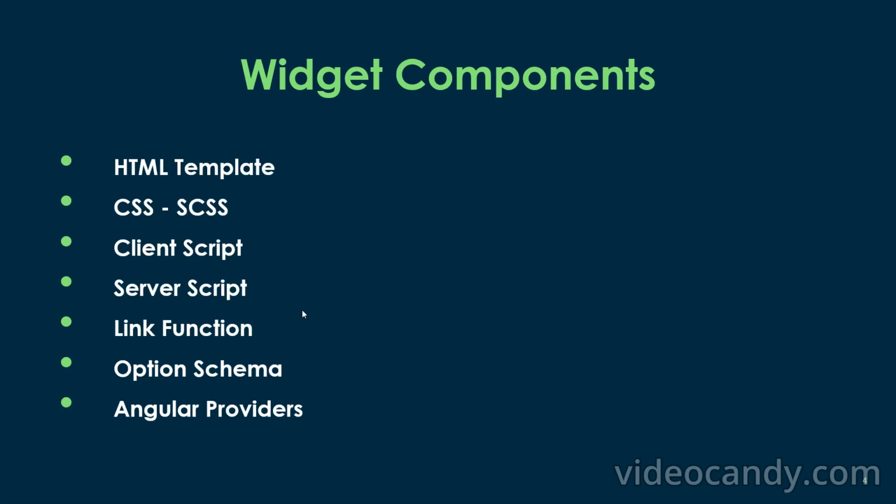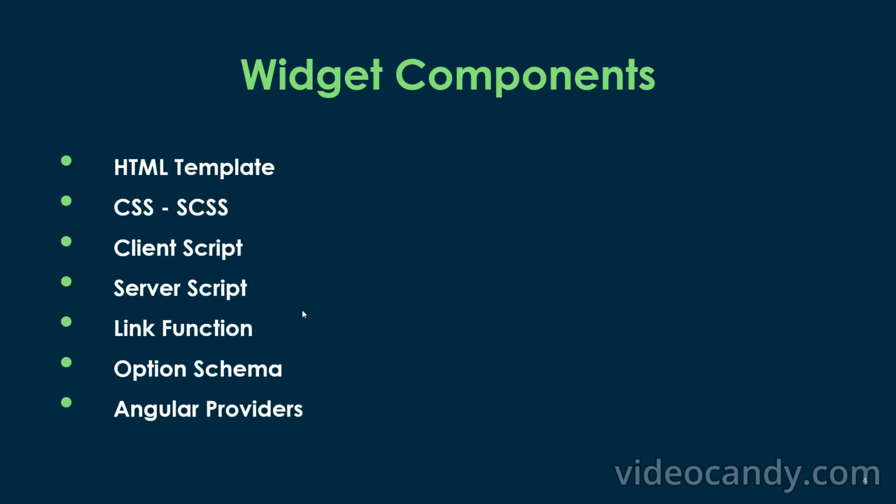HTML is a mandatory component. The widget's HTML accepts and displays data, and gathers data from user inputs like input text, radio buttons, and checkboxes. The second component is CSS or SCSS. CSS, that is cascading style sheet, is used for styling purposes.